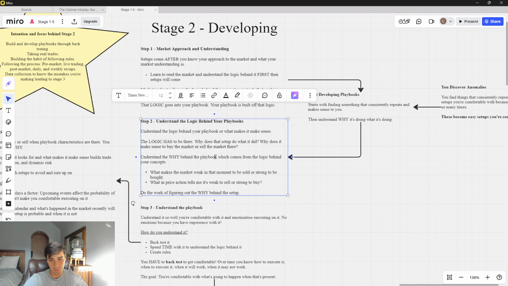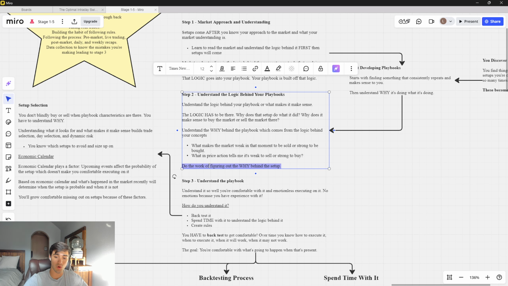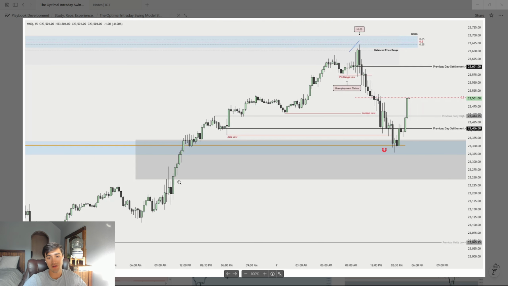So understand the why behind the playbook, which comes from the logic behind your concepts. Like I just said, what makes the market weak in that moment to be sold or strong to be bought? What in price action tells you it's weak or strong to be bought? You have to do the work of figuring out the why behind the setup. So for me, like I said, I've created a language in a sense that allows me to understand why the market is weak in this moment and should be sold and is going to fill that gap opening.